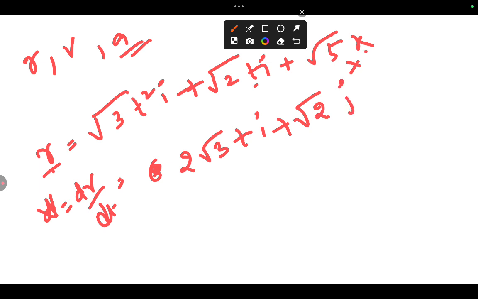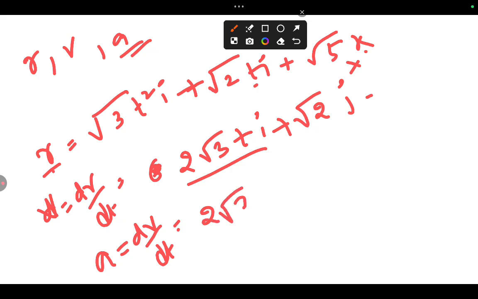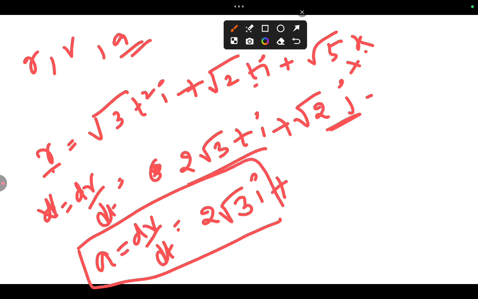The constant term has no t, so that will be 0. So this is velocity. Then acceleration, dv by dt, equal to 2 root 3 i, and this will be 0. So a equal to 2 root 3 i.